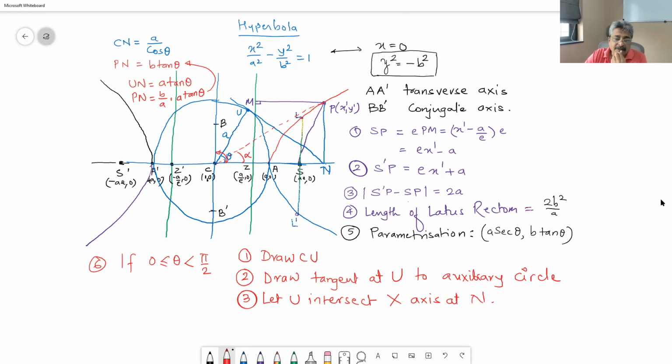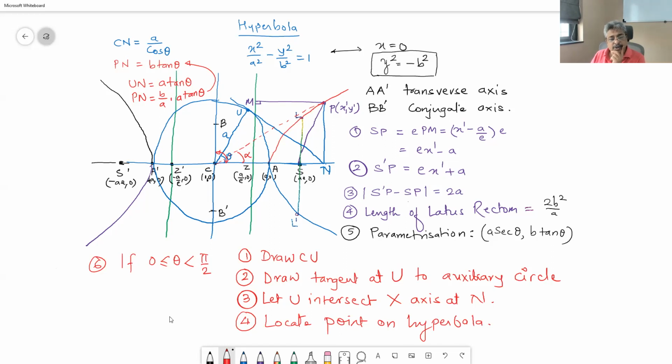And then locate the point on the hyperbola. Now this is important. Please pay attention.